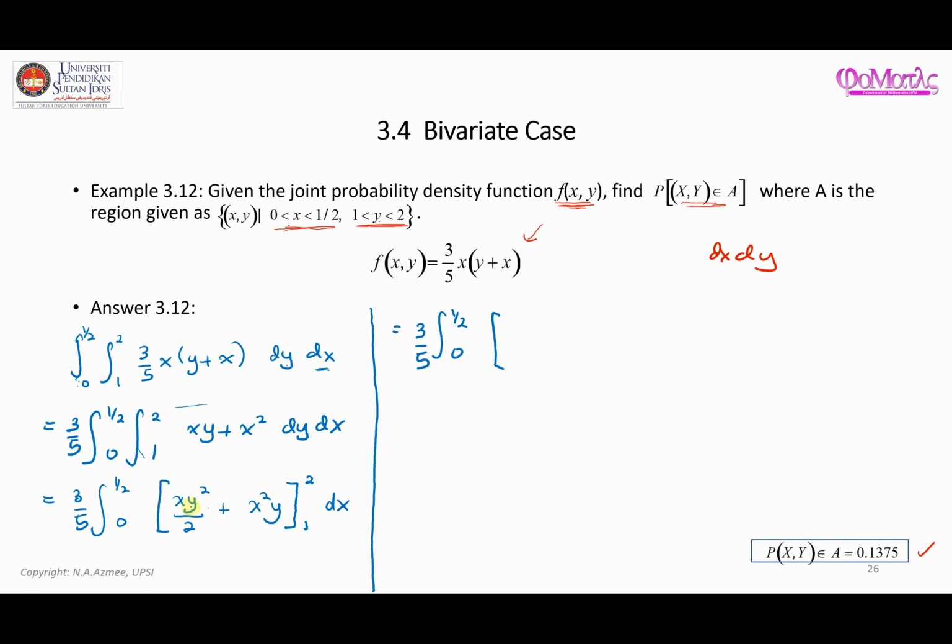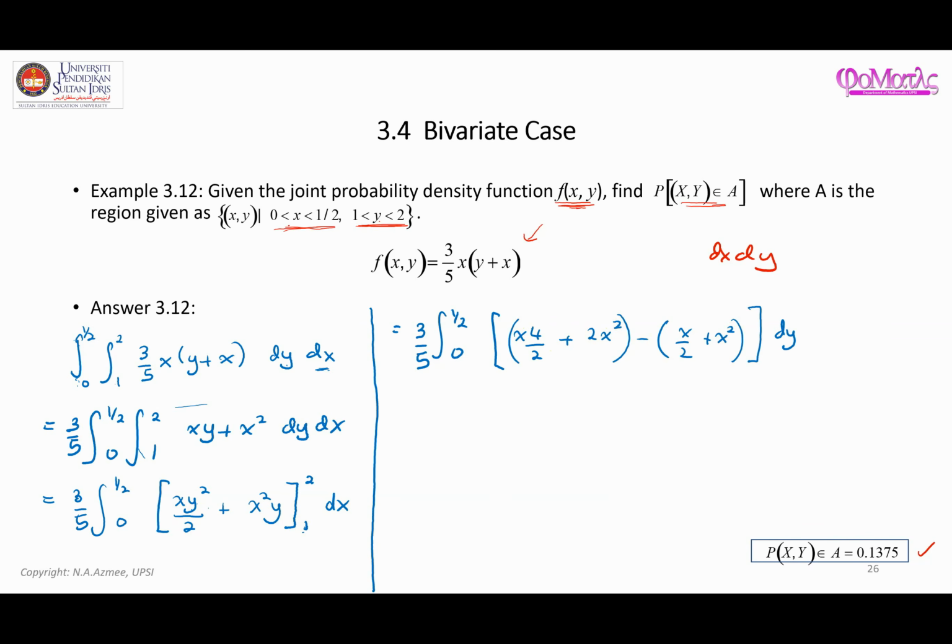So we've got x times 4 over 2, plus 2x squared. So that's the first one. Minus, so we have x over 2. You substitute 1 into y, so that is x over 2 plus x squared. Yeah, so this is dy.